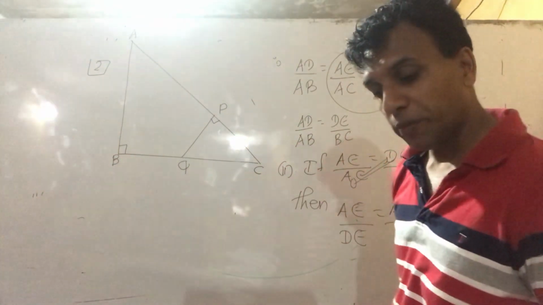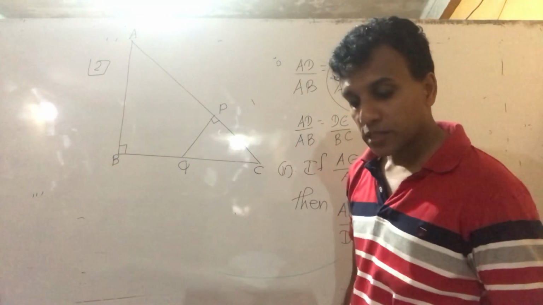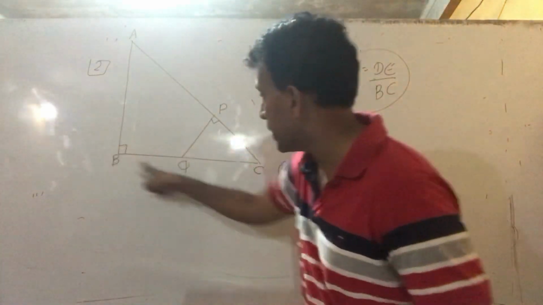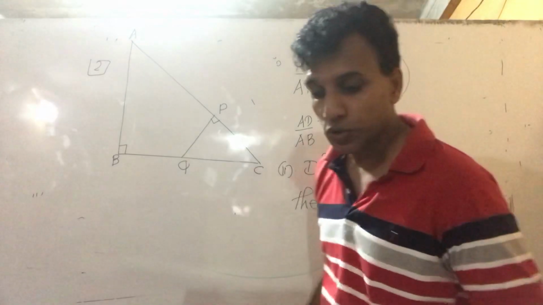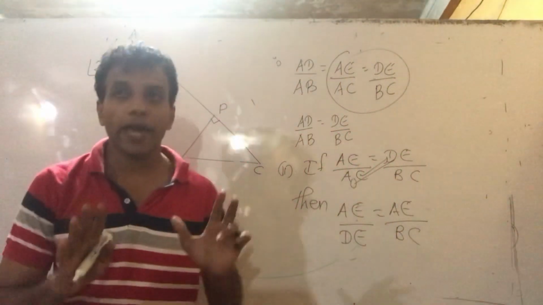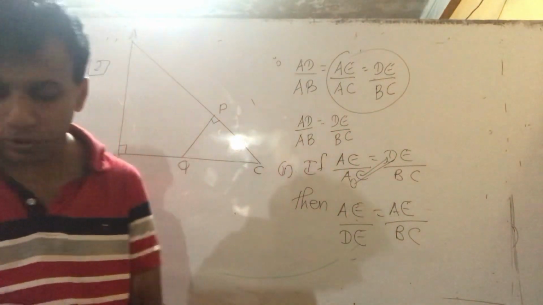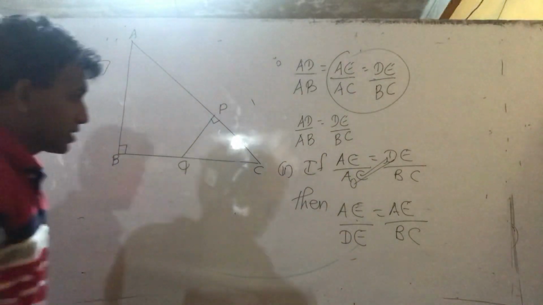So based on the information given in the figure, prove that the big triangle ABC and triangle PQC are equiangular. We have to prove it. Very important, interesting proof. Yes, we come to that part.